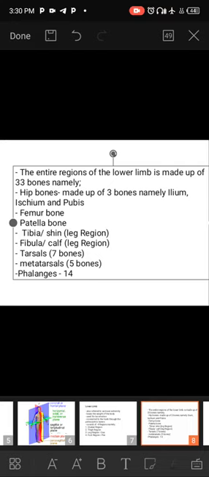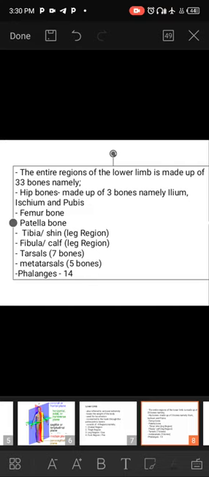And these bones have been listed here: the hip bones, which is made up of 3, the femur bone, the patellar bone, the tibia and the fibula, the tarsal and the metatarsal bones, and the phalanges. If you sum up these bones, it will give you a total number of 33.